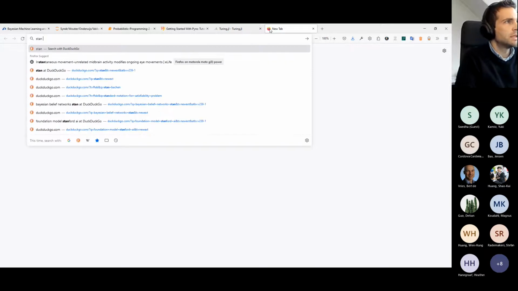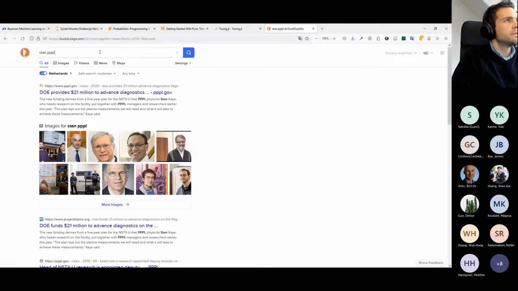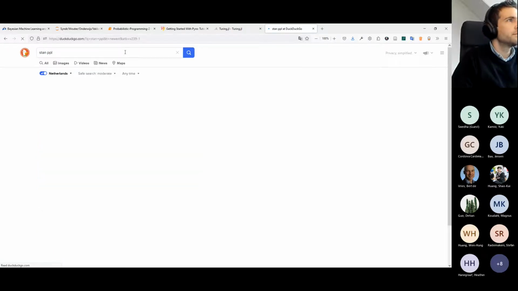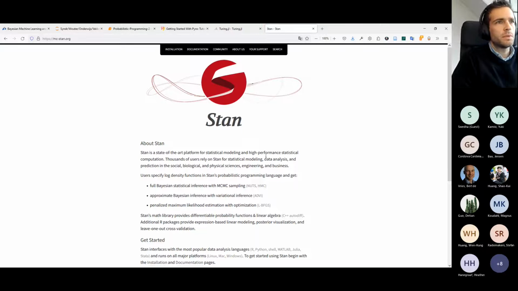For instance, Stan is a toolbox for statistical modeling and high-performance statistical computation. We're using variational inference, which we'll get to later in the course, but Stan mainly uses something called Monte Carlo sampling.